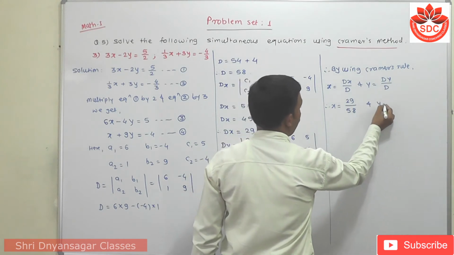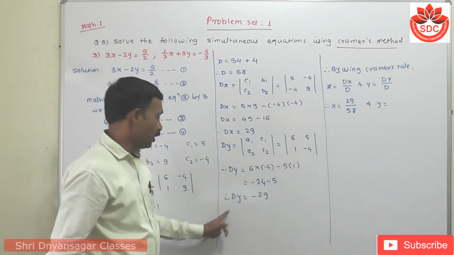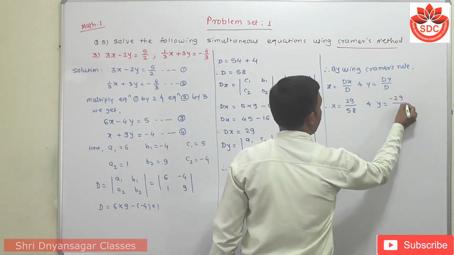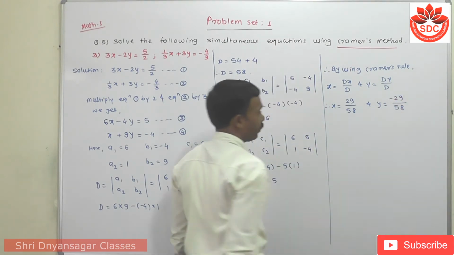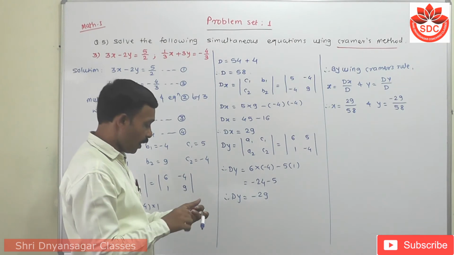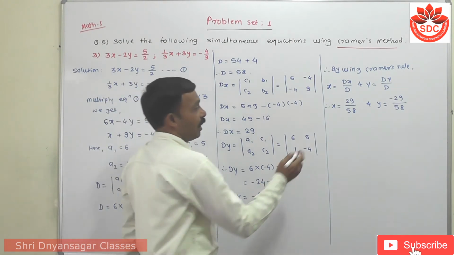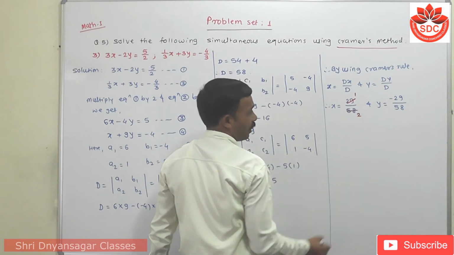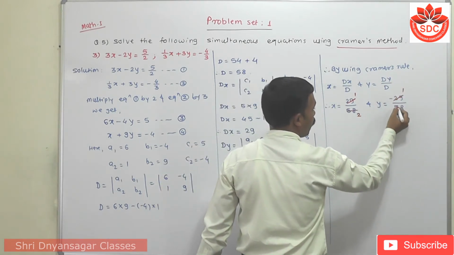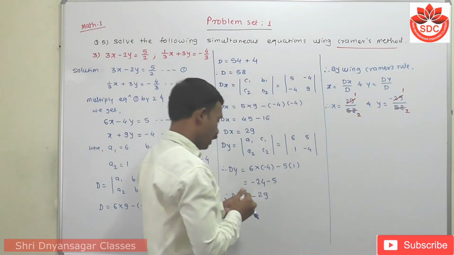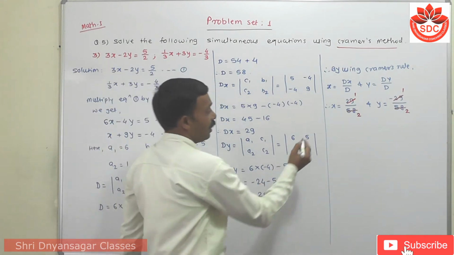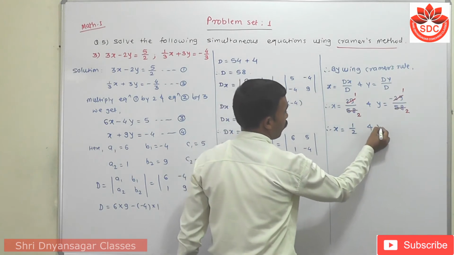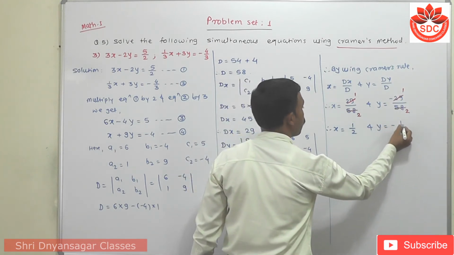And dy is equals to -29 and d is how much? 58. Now student, we can simplify it by dividing with 29. 29 1s are 29, 29 2s are 58. Here also 29 1s are 29, 29 2s are 58. Then x is equals to 1 upon 2 and y is equals to -1 upon 2.